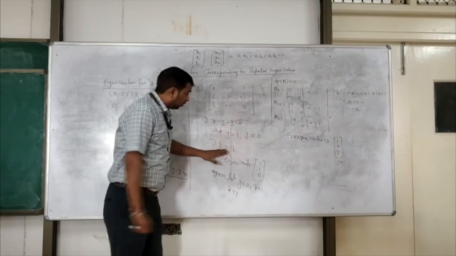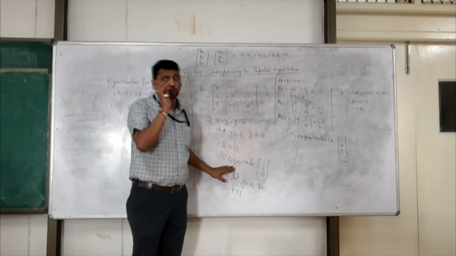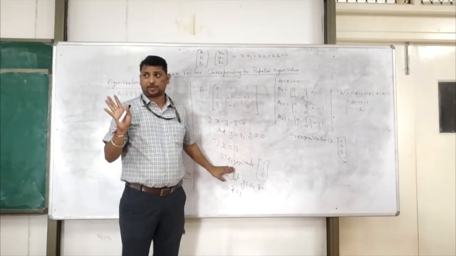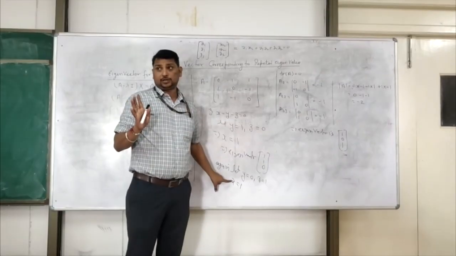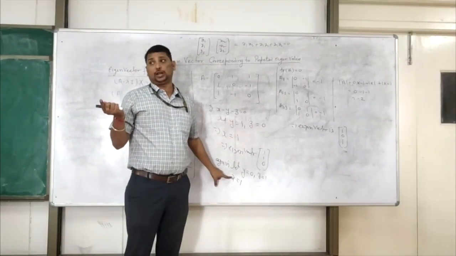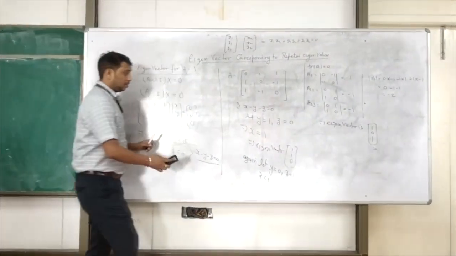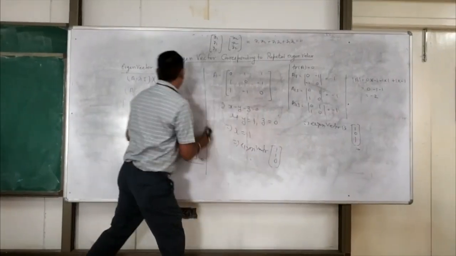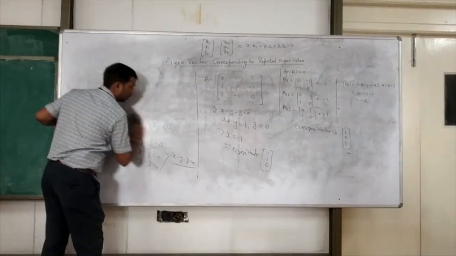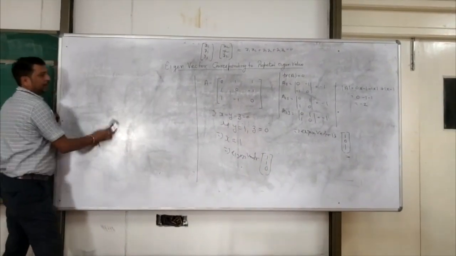So one eigenvector we calculate the same way, but the third one we calculate by the orthogonal way. How? That is the important part. How do we calculate the third one?